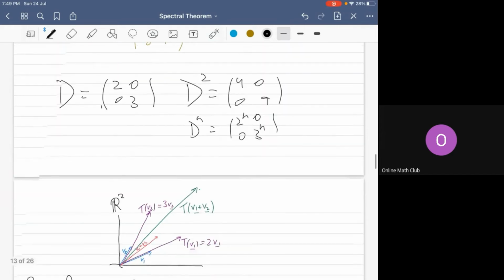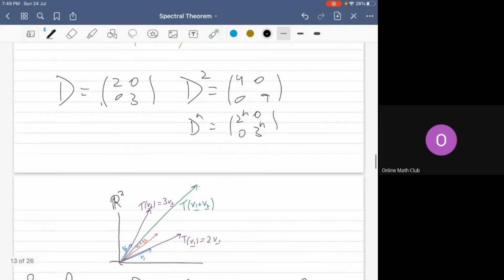But this is not so simple if we have a matrix, let's say 1, 1, 0, 1. Taking powers, it is not easy to directly compute A power n.